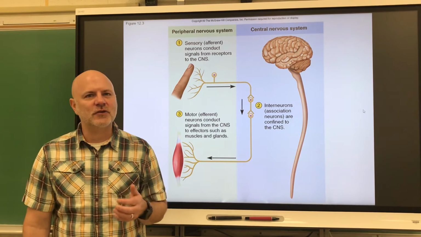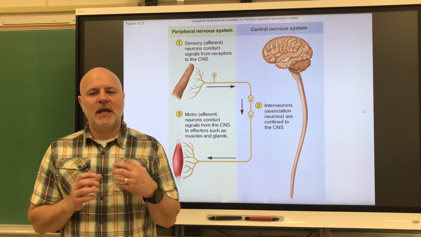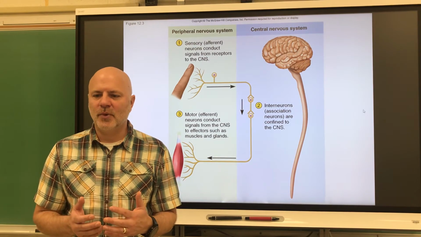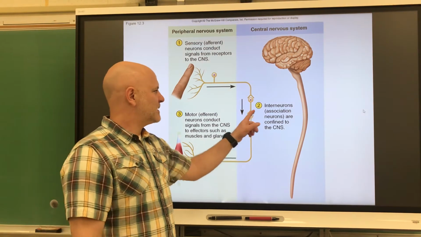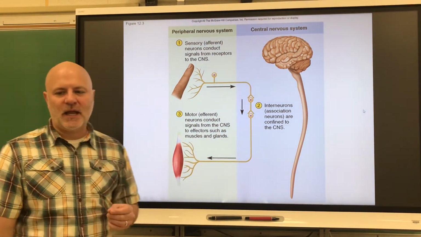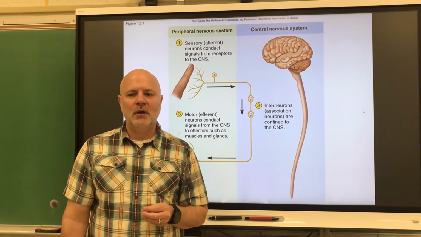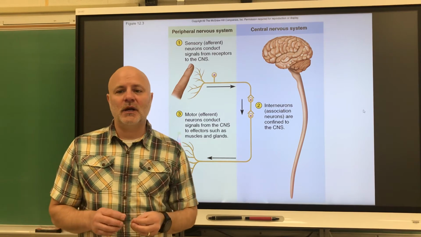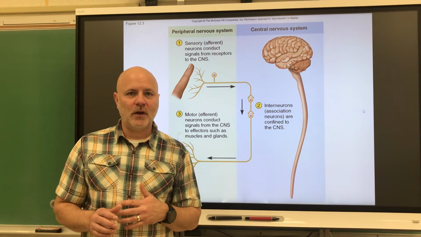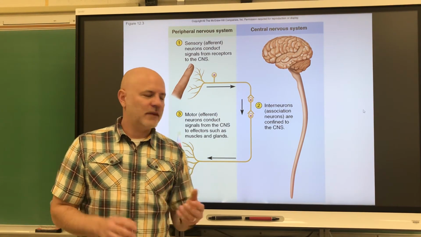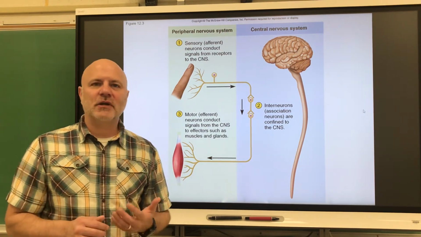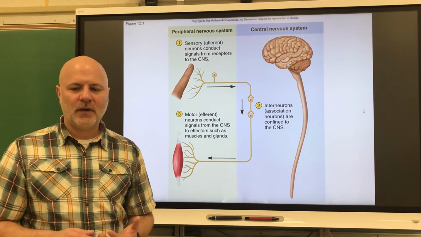Integration is where our central nervous system processes and interprets that sensory input, and then decides what to do with it. Once it decides, it's going to send a signal out, and that's where we get our motor output, or a response. The impulse goes to an effector, a muscle or gland, and the effectors respond to the stimulus.